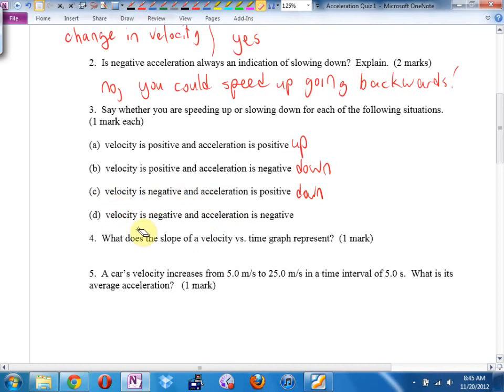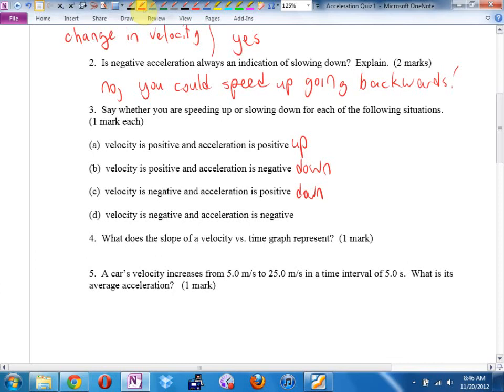There's a good explanation. D, velocity is negative and acceleration is negative. What'd you say? Speeding up? Convince me. Go for it, John.